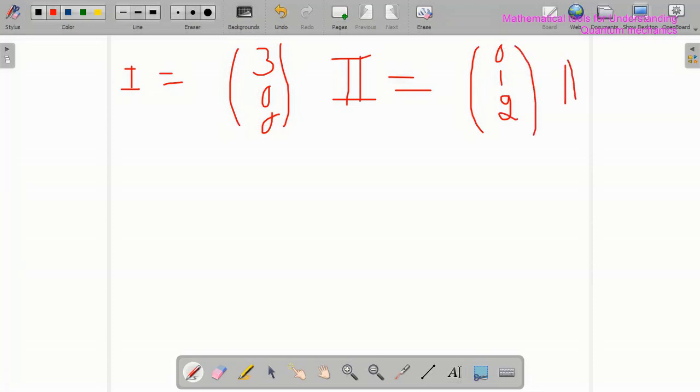And vector 3: 0, 2, 5. Now from this basis we convert to an orthonormal basis.